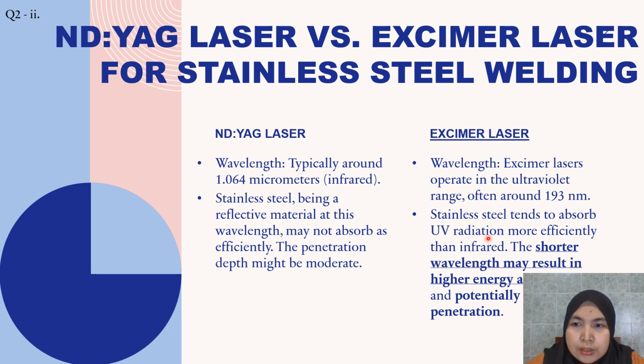Stainless steel tends to absorb UV radiation more efficiently than infrared, so the shorter wavelength may result in higher absorption and potentially deeper penetration. Considering the higher absorption of UV radiation by stainless steel, the excimer laser is likely to provide a higher depth of penetration compared to the Nd:YAG laser for welding stainless steel.